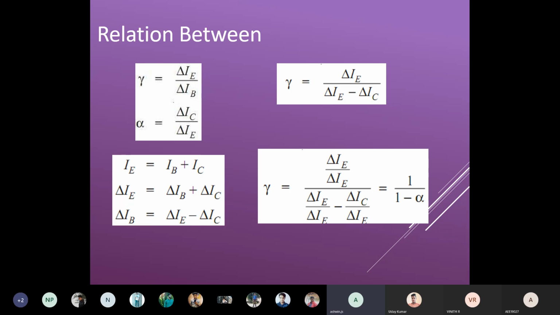So for example, if base is the input and 1 milliamp of current is flowing to the base, then from collector to emitter, for example, take it as 100 milliamps. Suppose I am making a current flow of 2 milliamps in the base, surely there will be a change in your collector to emitter current.